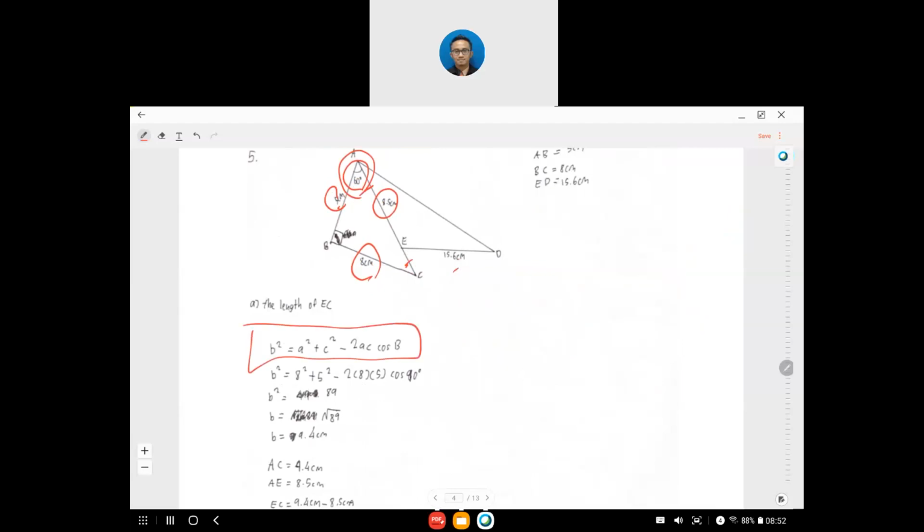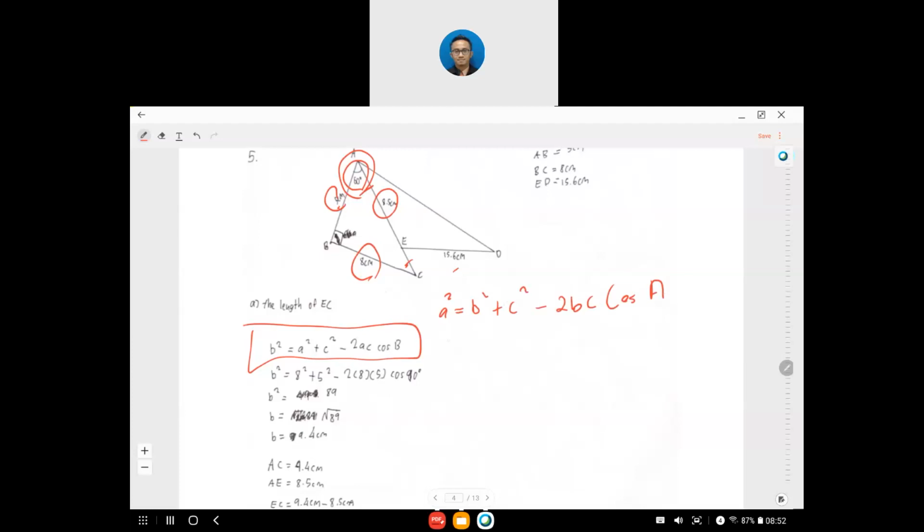You must use the formula A square equal to B square plus C square minus 2BC cos A.